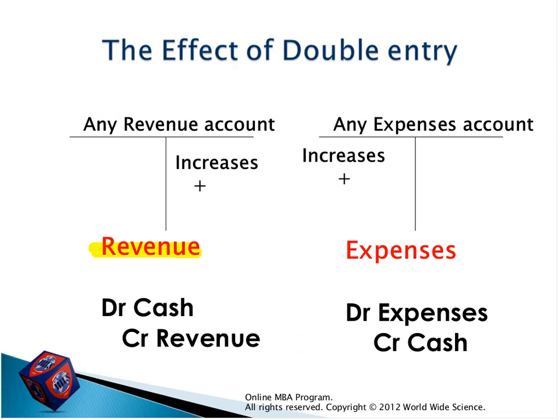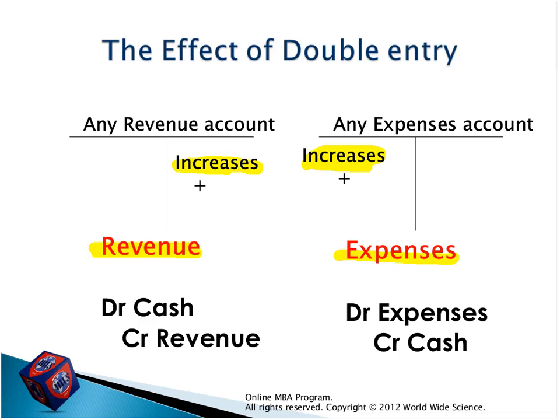When we receive the income, we show it on the credit side. If we have expenses, of course we have expenses to get the income, right? The expenses are our assets. And if it's increased, we show it on the debit side. When it's increasing, we're showing it on the debit side.